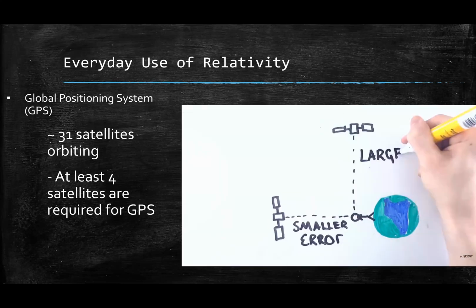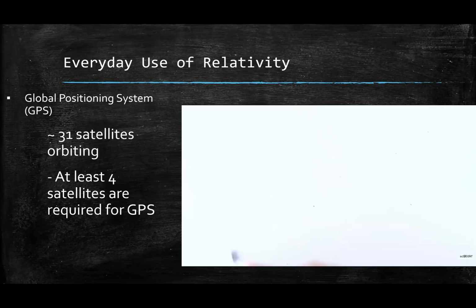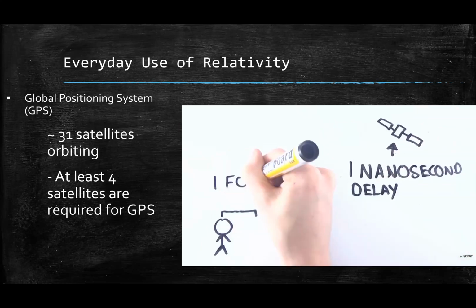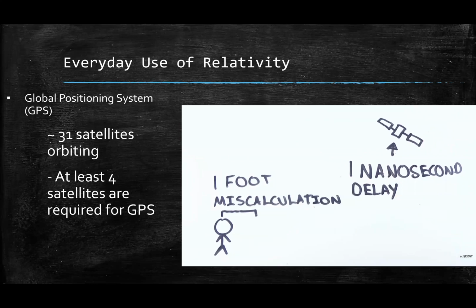This error is substantially smaller when satellites are directly overhead, compared to being larger the closer the satellites are to the horizon relative to you, as the path between you and the GPS satellites goes through more of the atmosphere compared to being directly overhead. Even small variations in the atomic clocks found on board these satellites can cause major errors. A clock error of 1 nanosecond can translate to a 1 foot or 30 centimeter miscalculation.